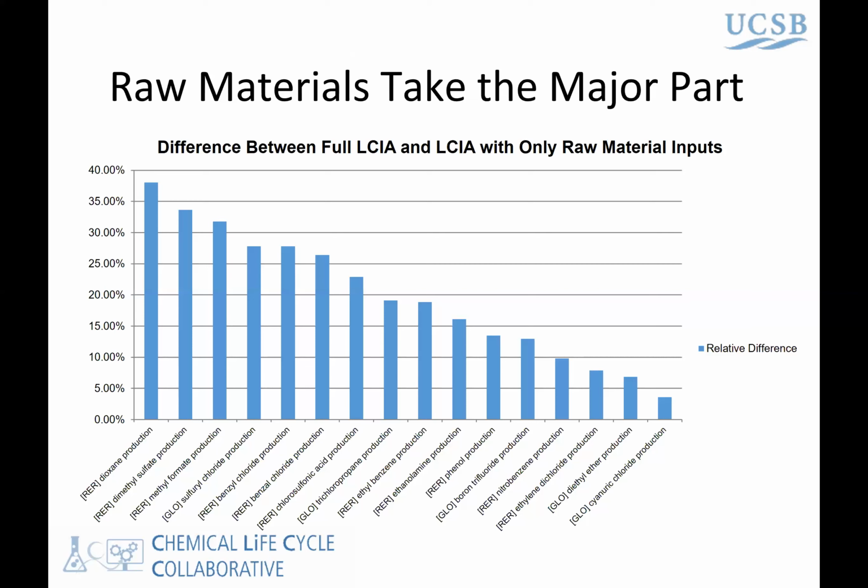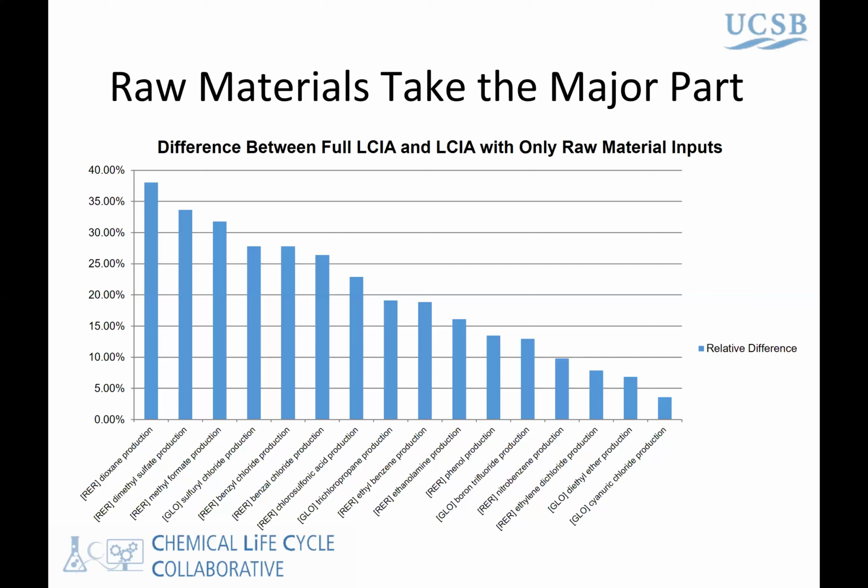So here is the result in this graph. As you can see, the y-axis is the percentage difference, and the x-axis is the chemical name. Out of the 16 example chemicals, only 3 of them have a difference higher than 30%. Of course, the full LCI result will always be higher than the partial LCI, because it contains a lot more.